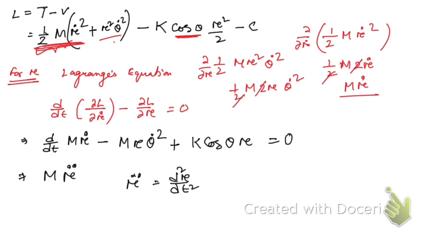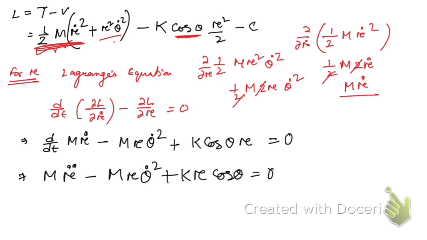Hope you have understood this. So that's how we have got this part. Now you see m r theta dot square plus k r cos theta is equal to 0. Let it be equation number 2.